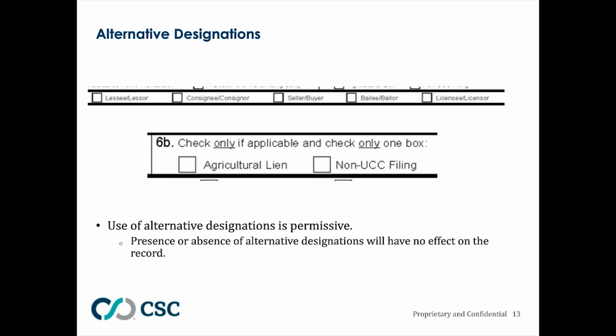If one of them is checked, that's fine. It may indicate that it's a consignment or that it's a seller and buyer transaction and that it's filed just as an informational purpose. But under Section 9-505 of Article 9, if a court later determines that it was a disguised security interest that required the filing of a financing statement, even if the box is checked, it will serve to perfect that security interest.